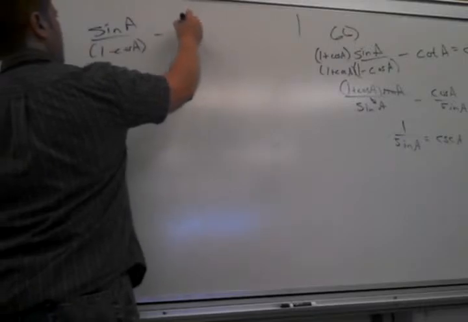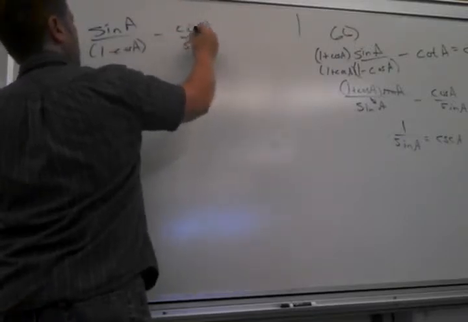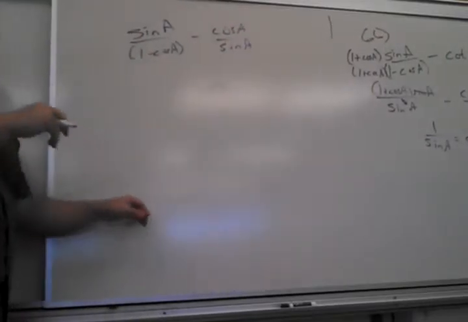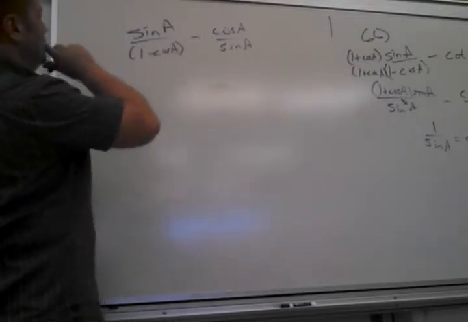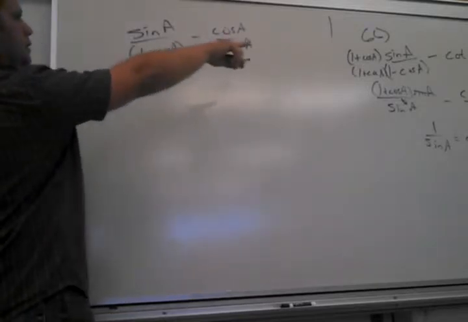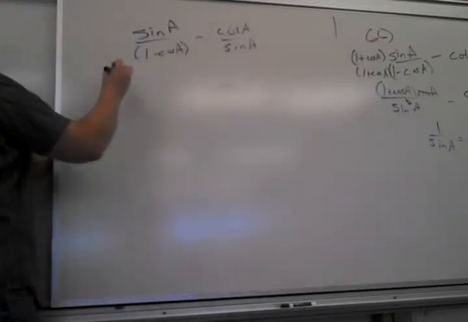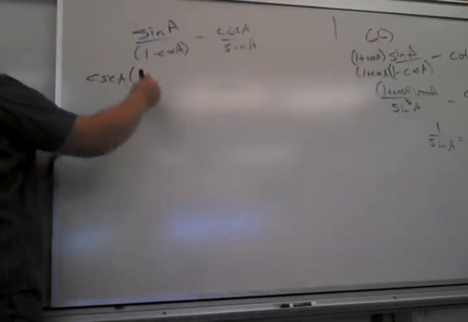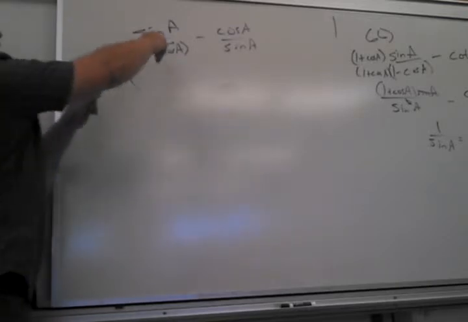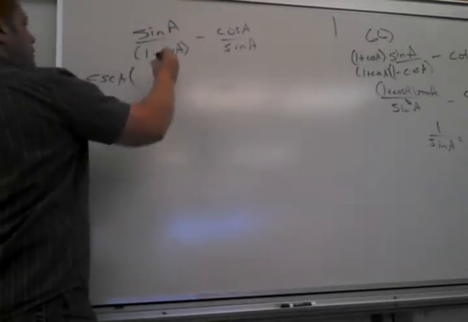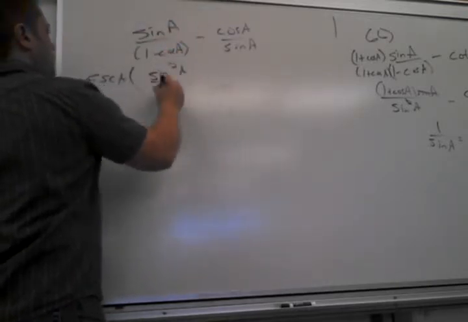It's kind of interesting. So first of all, it's done. Yeah, that's a good idea. So if I want this to look like cosecant, what I would do is take a cosecant out. And of course cosecant is 1 over sine. So this becomes sine squared, based off that earlier conversation.